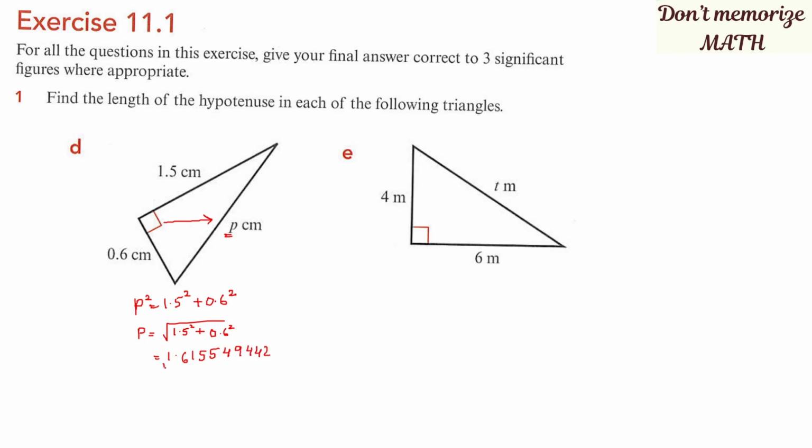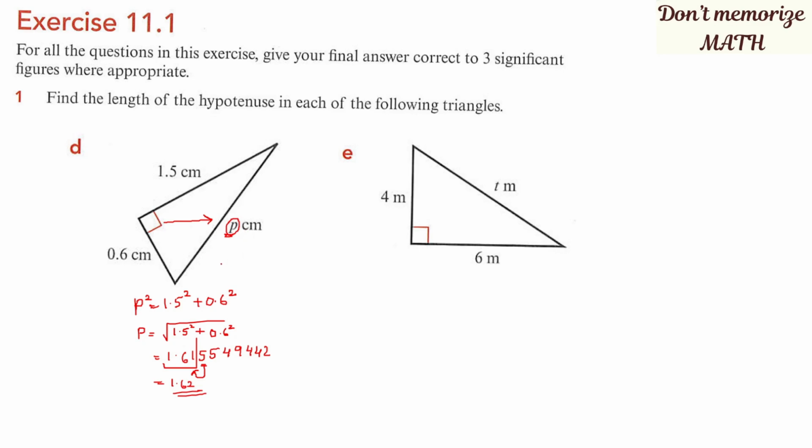Here we need to round to 3 significant figures. The next digit is 5 or more, so you have to add 1. So 1 will become 2, and the answer will be 1.62. So the value of p is 1.62, and this side will be 1.62 centimeters.